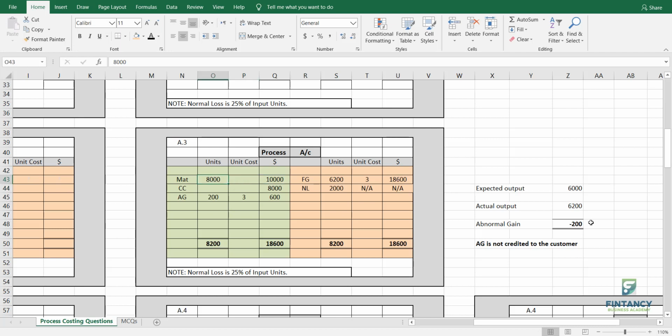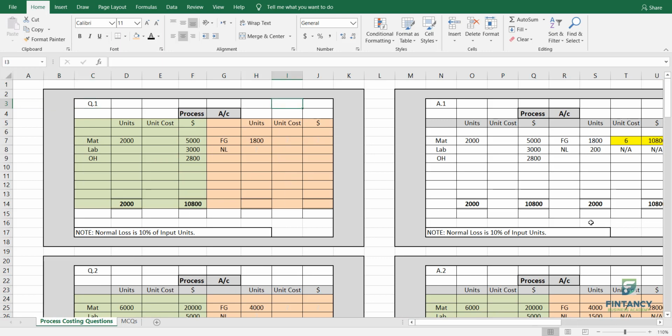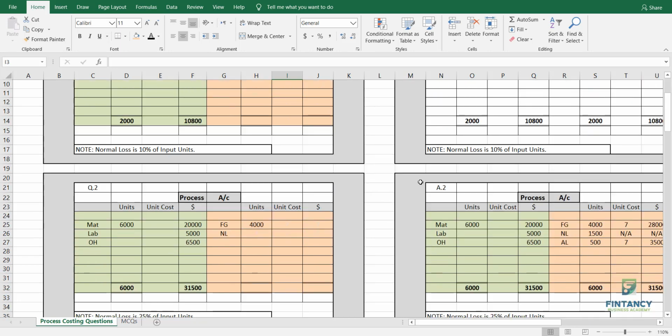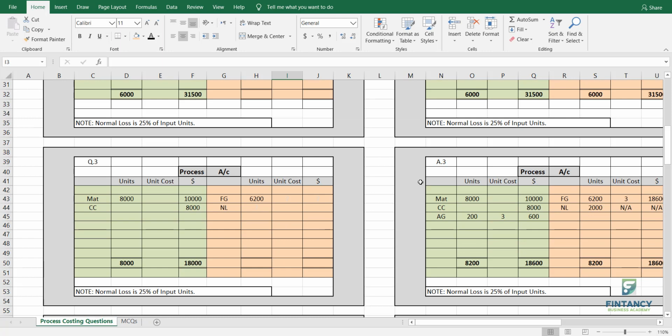So this is the situation if you have abnormal gain. Okay, so what have we learned so far? We have learned how to tackle normal loss only, right? And how to tackle your abnormal loss and how to tackle your abnormal gain.